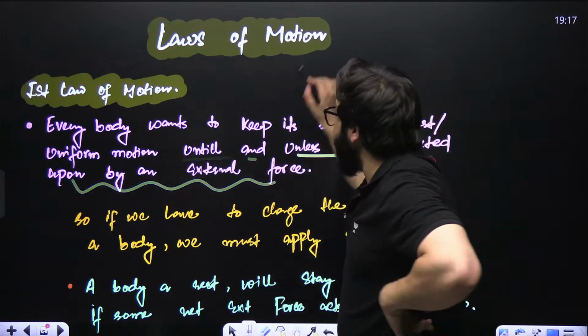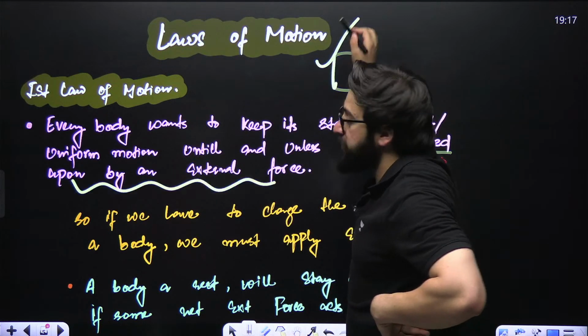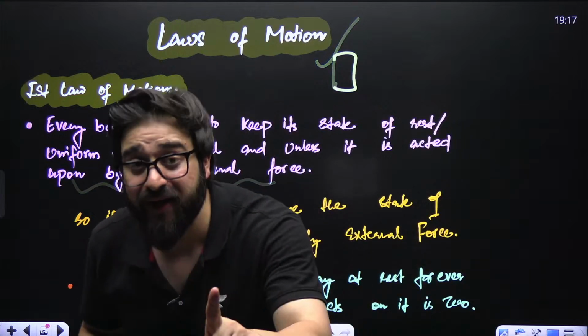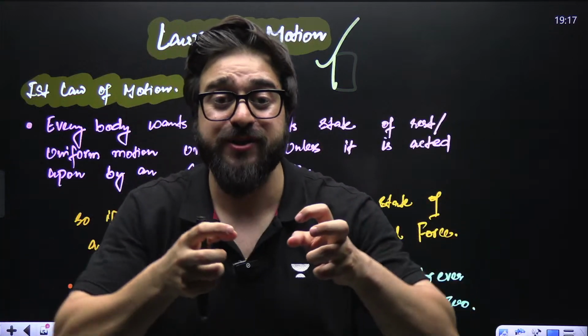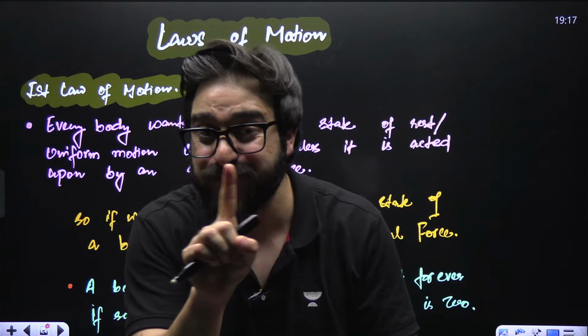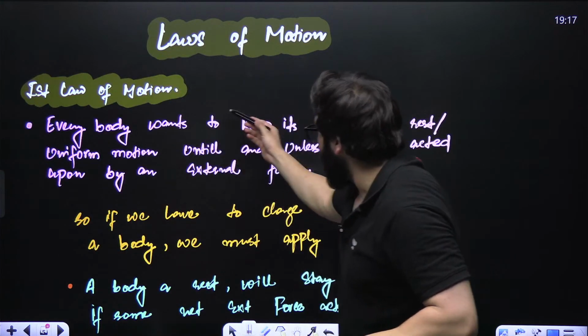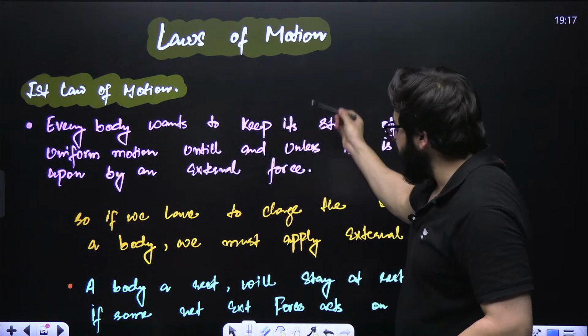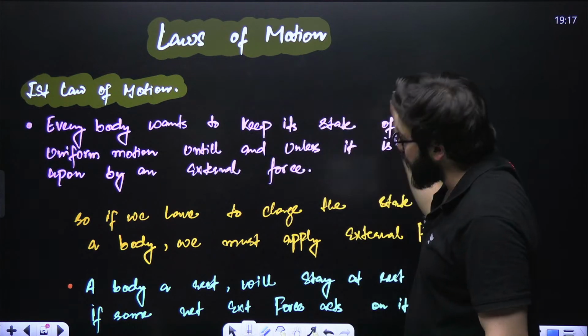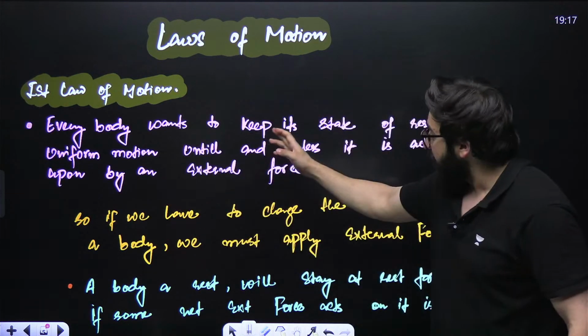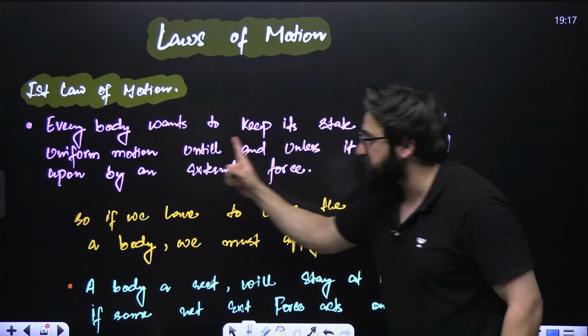It says that if the body is at rest, it will remain at rest forever until and unless some external force comes. If the external force value is not 0, then only it will change the state of rest.